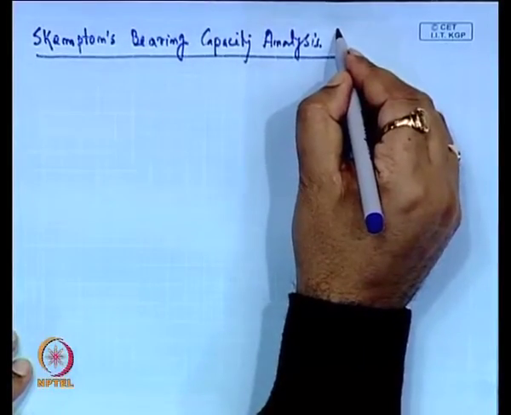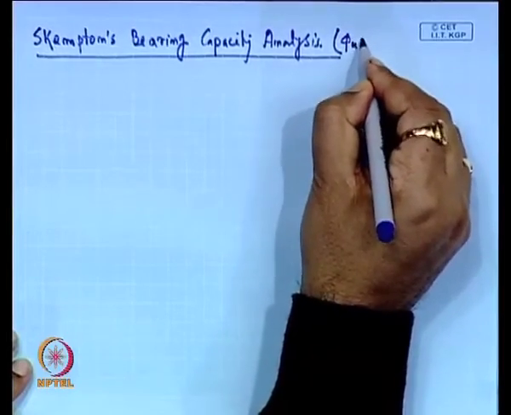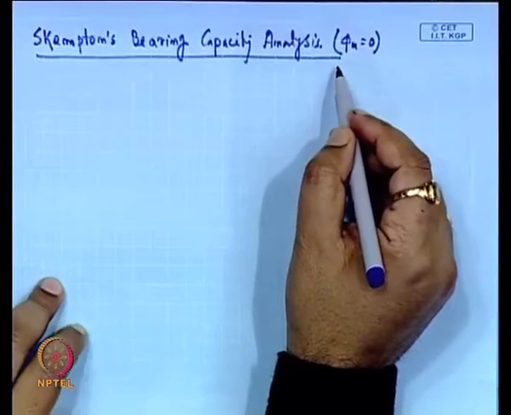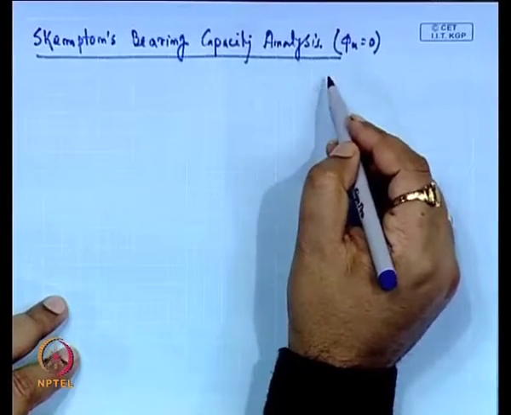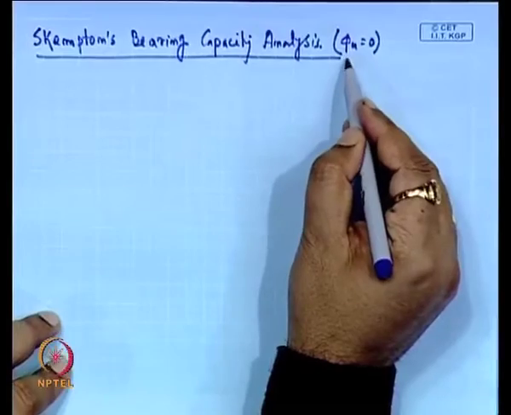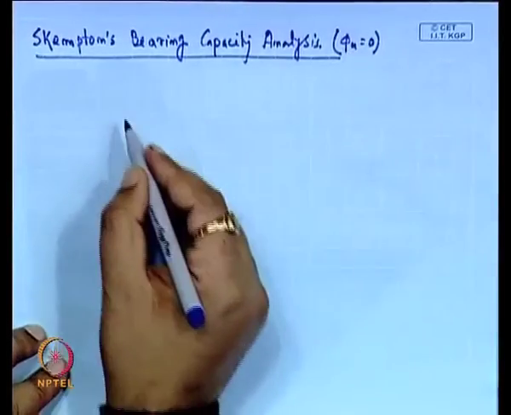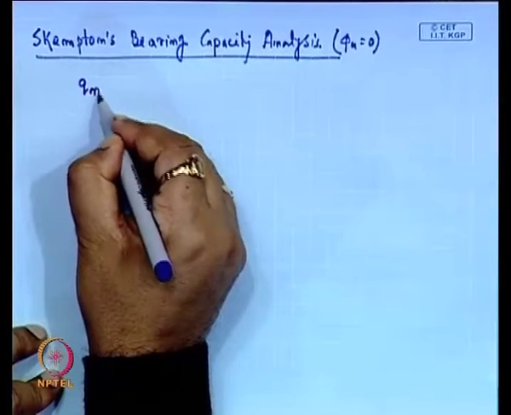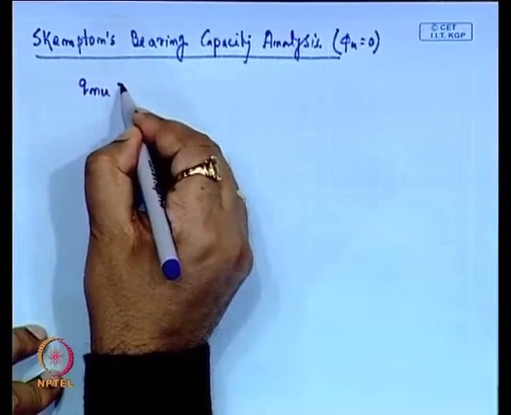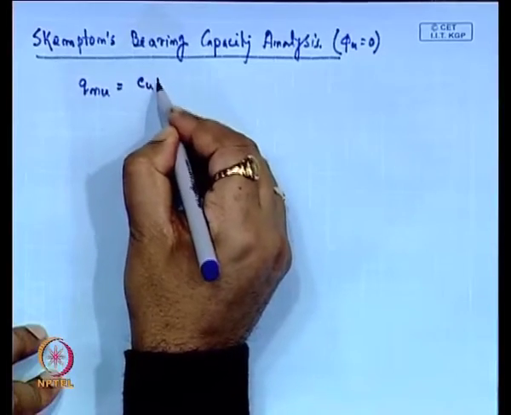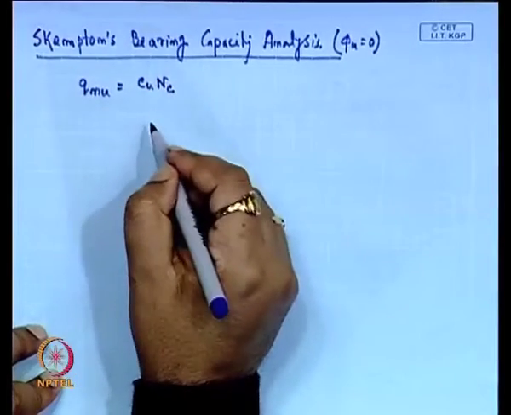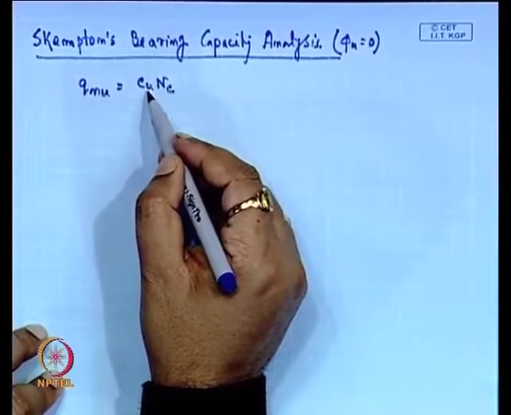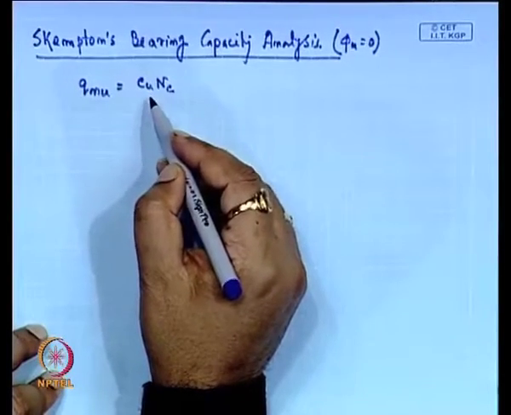So, that is why we can write here phi u is 0. So, this is valid only for purely cohesive soil, that means phi u will be 0. Now, the recommendation is that we can calculate Q net ultimate by using Cu and Nc. Nc is the bearing capacity factor and Cu is the undrained cohesion of the soil.